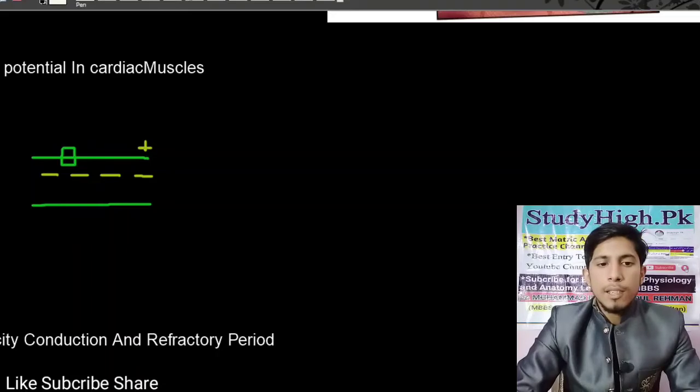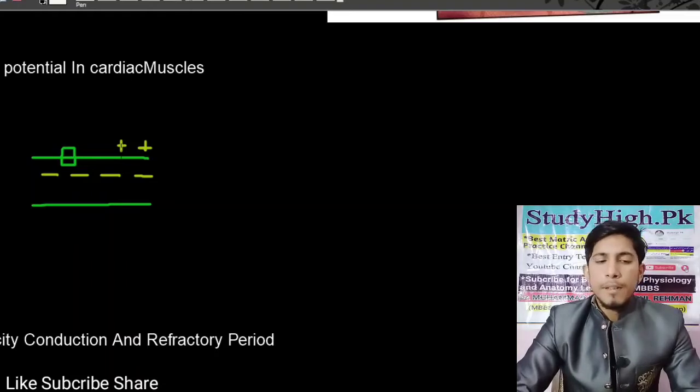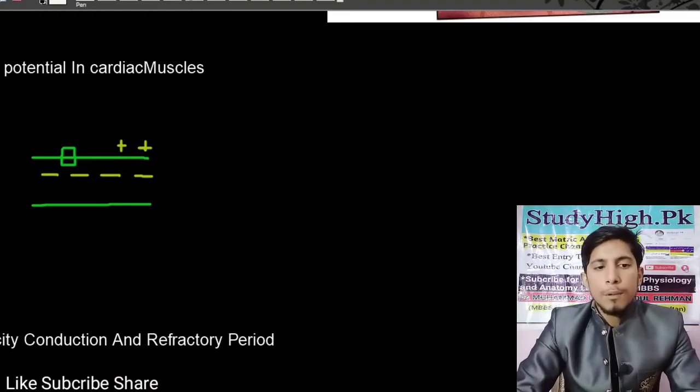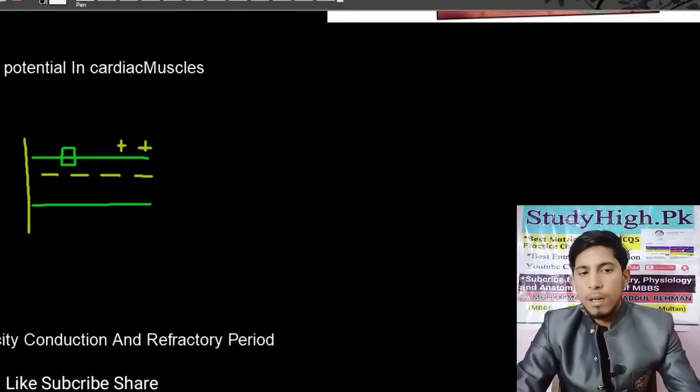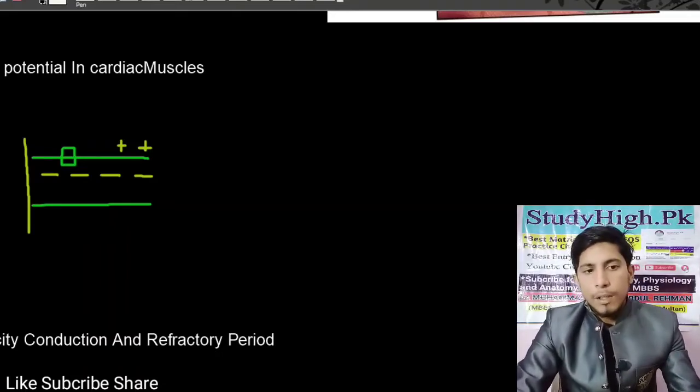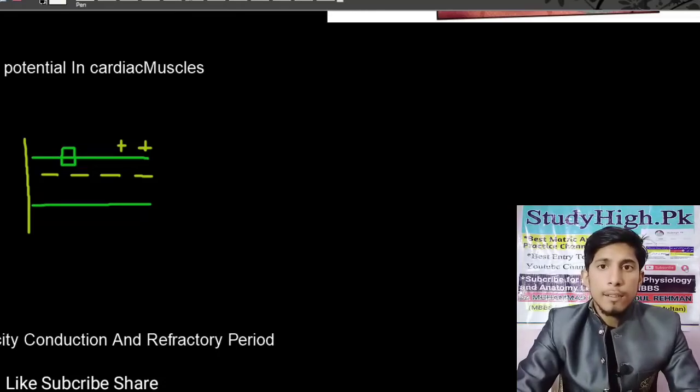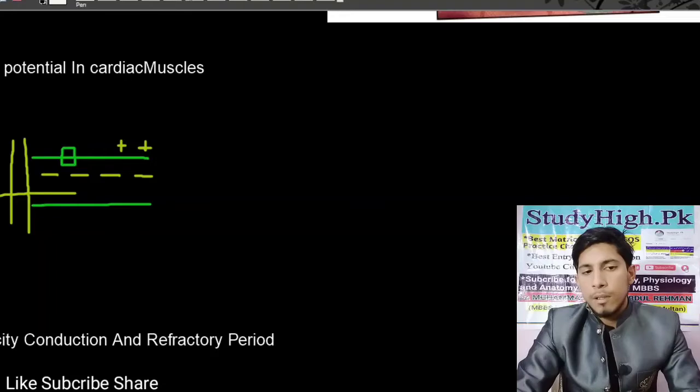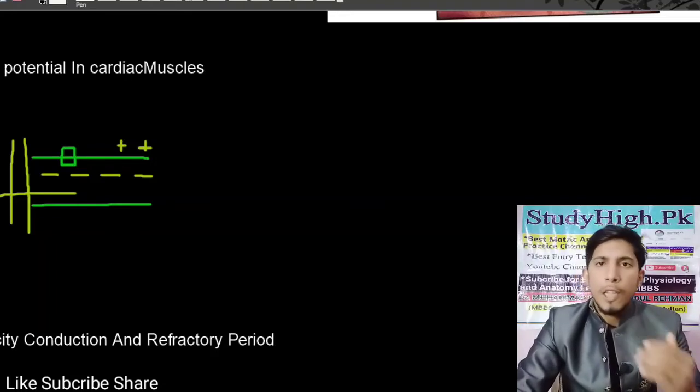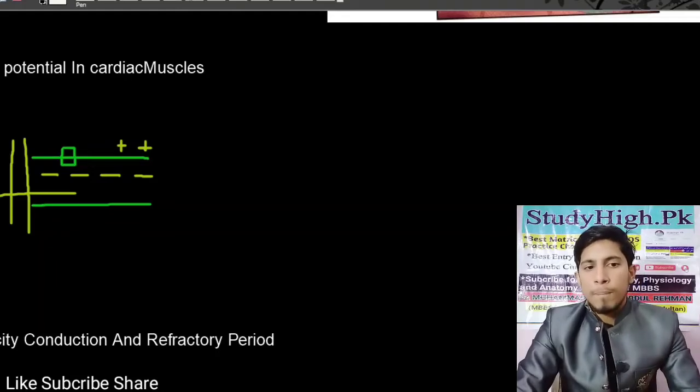To generate an action potential in this cell, an action potential from another cell or from the SA node transports some sodium ions through gap junctions or intercalated discs into this cell's cytoplasm. As a result, its membrane potential changes from minus 90 millivolts to minus 70 millivolts, which is the threshold potential for the sodium channel.